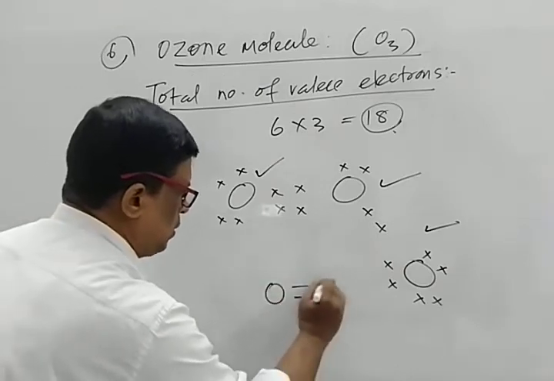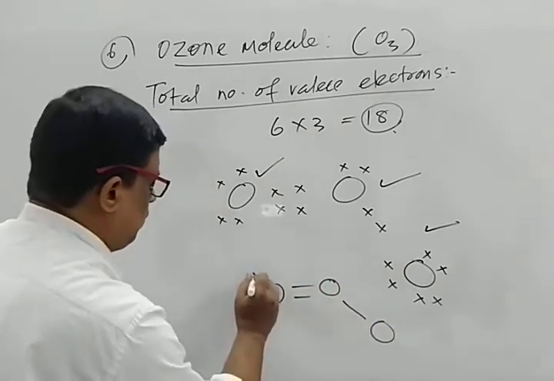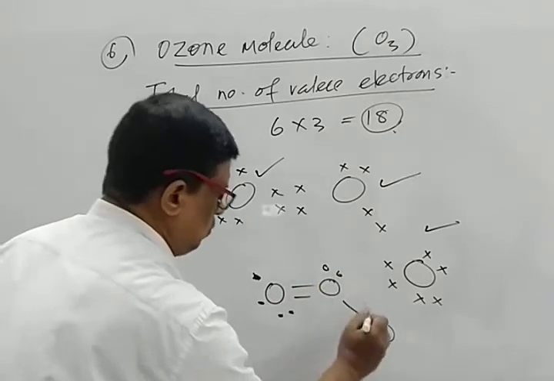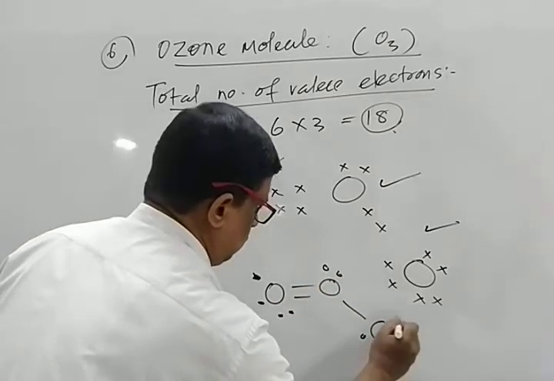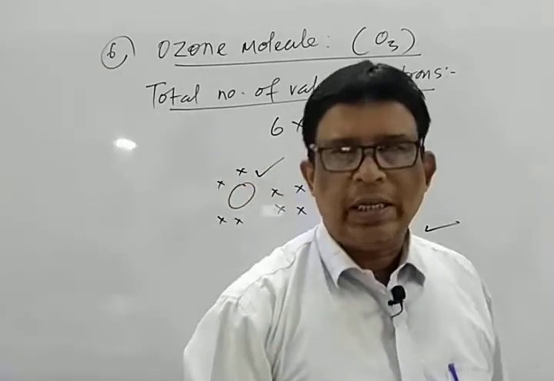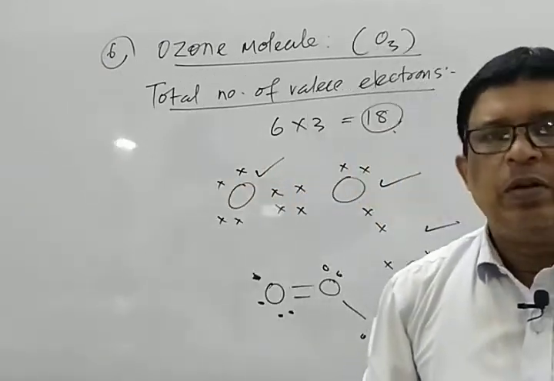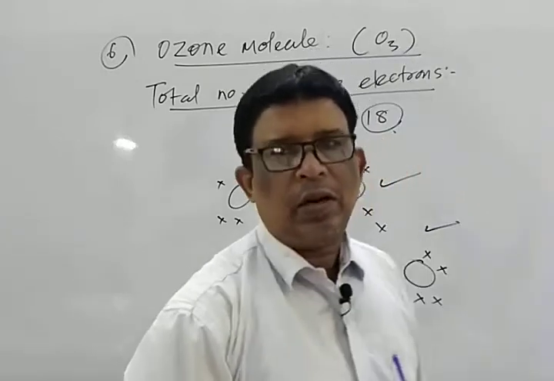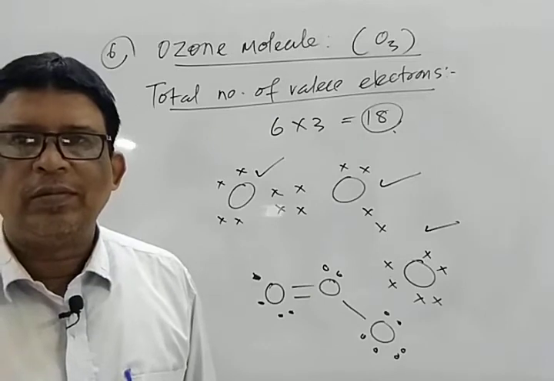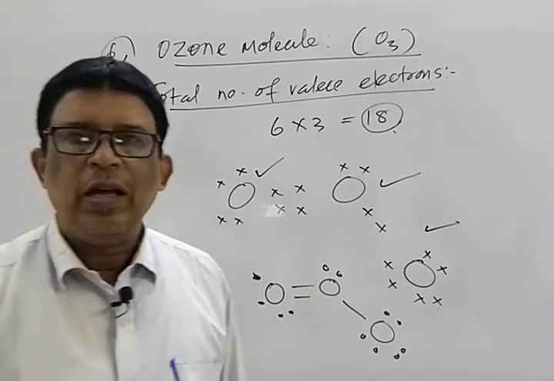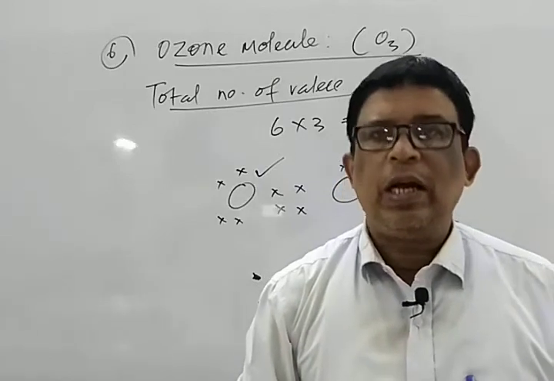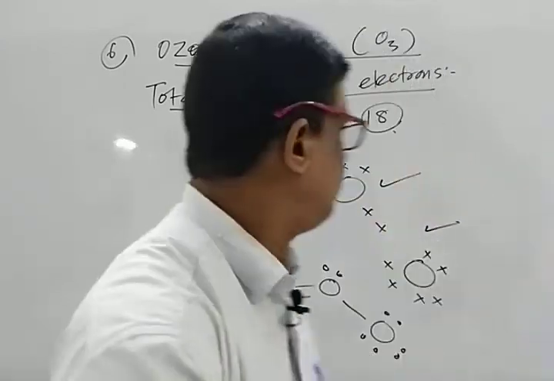So the representation is, mark that. These are some examples of representing the Lewis dot structure for molecules. Is it clear? Good. Next, we switch over to another concept that is known as resonance.